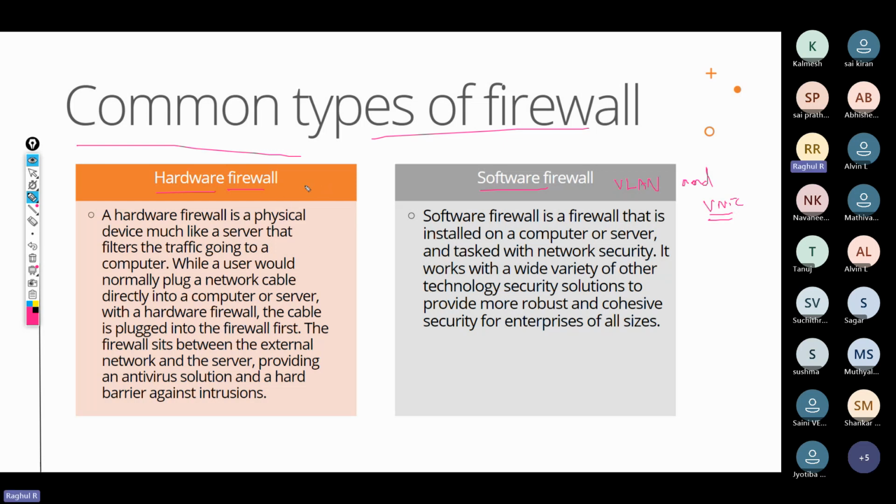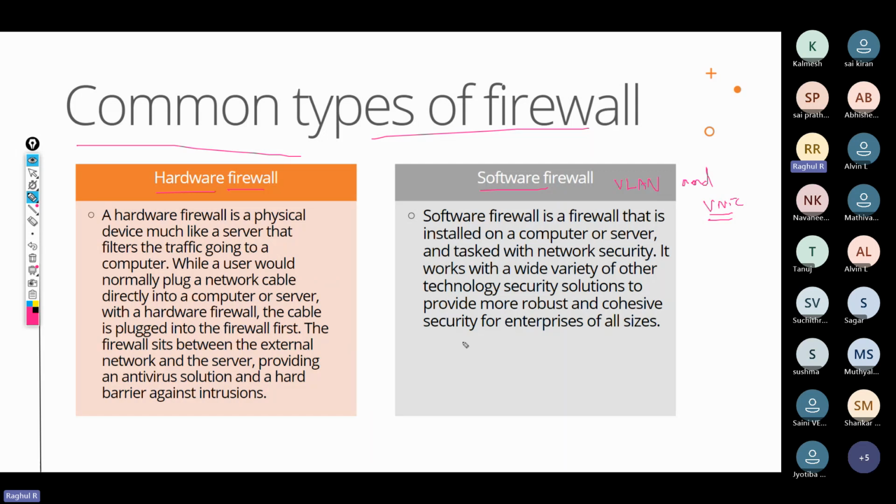Cost. A hardware firewall will be much costlier than software because a hardware firewall needs both hardware and software, but a software firewall needs only the software. Okay, so cost wise, hardware firewall will be much costlier. In administrative roles and licensing, everything is costlier in a hardware firewall.